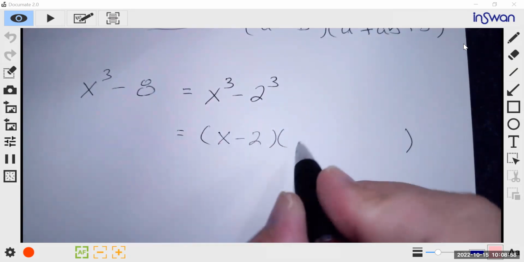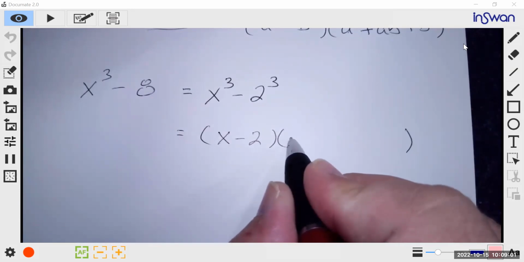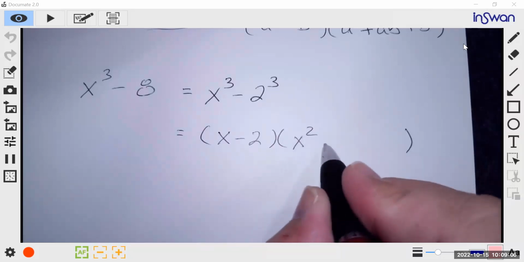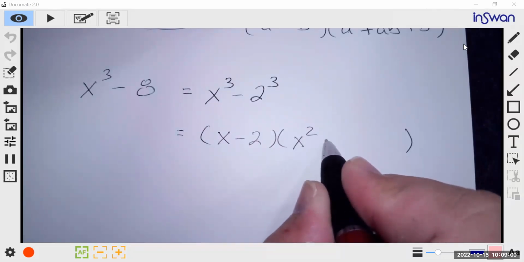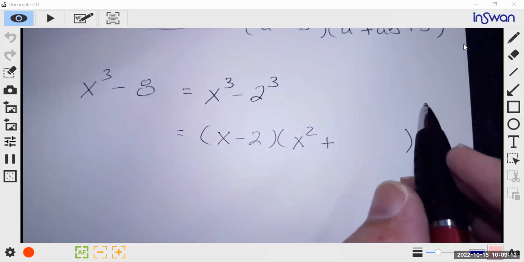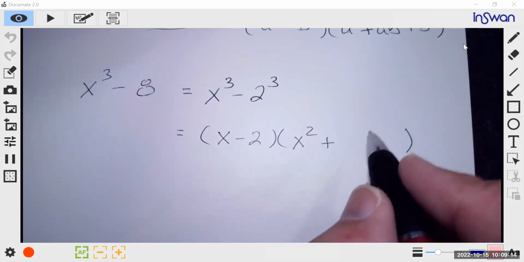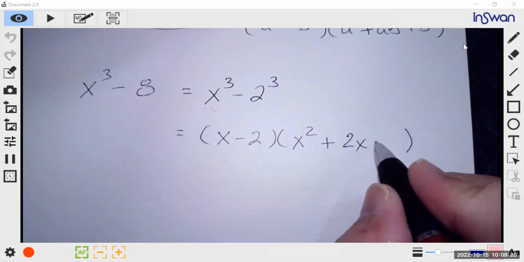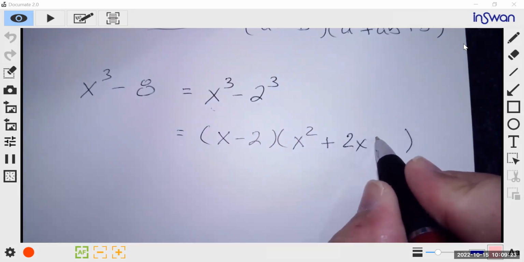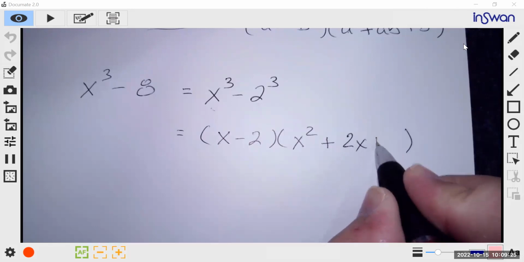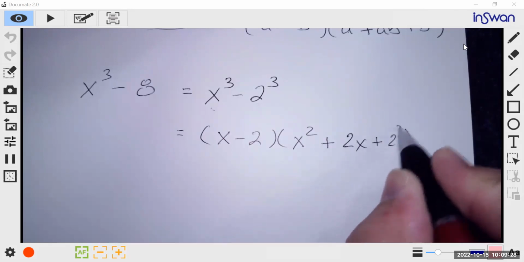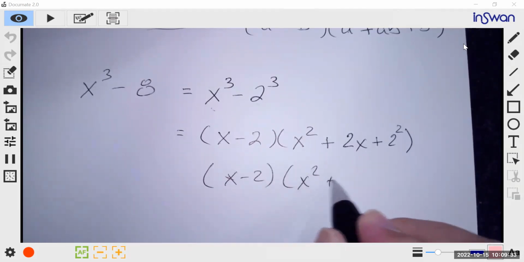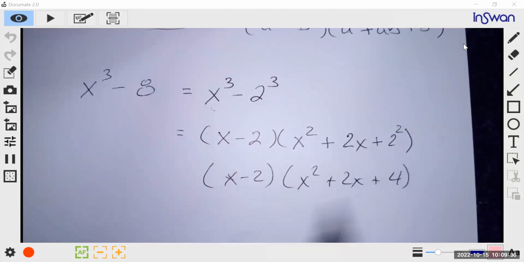Very good. Next one. X squared, very good. 2x, because it's these two numbers multiplied together. And plus 2 squared. So it's going to be x minus 2, x squared plus 2x plus 4. There it is.